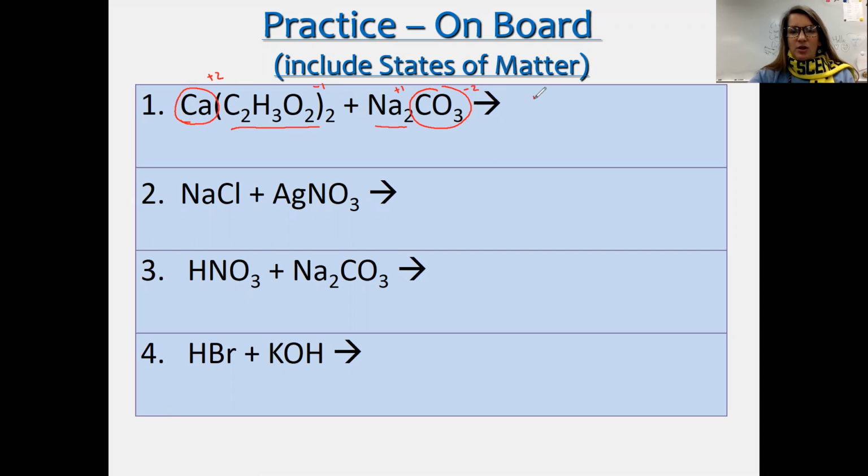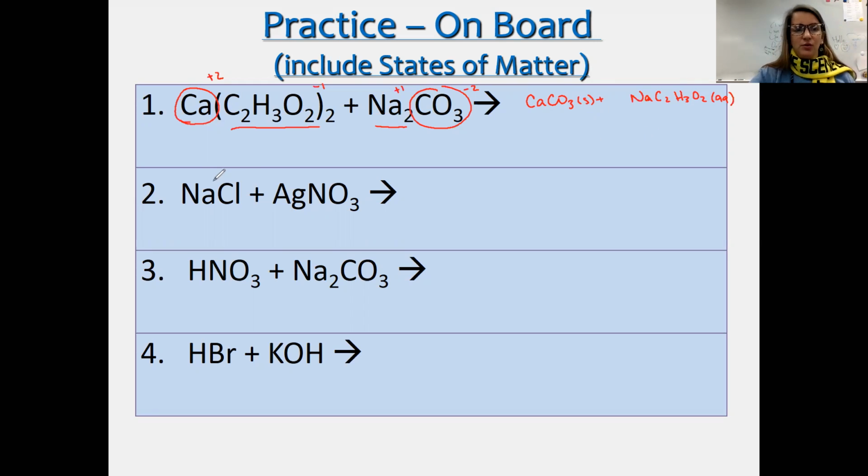So we have calcium carbonate, which is CaCO3, and we have sodium acetate, which looks like this. Now, calcium carbonate, when you check your solubility chart, carbonates are usually insoluble, and calcium is not an exception, so that's going to be solid. And sodium acetate would be aqueous because, like we've said, the alkali metals are always aqueous.